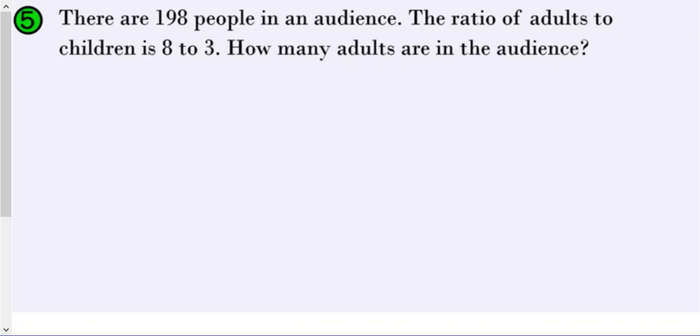Alright, so first we're dealing with the ratio of adults to children. So when we set this up, adults is going to be on top, and children is going to be on the bottom.